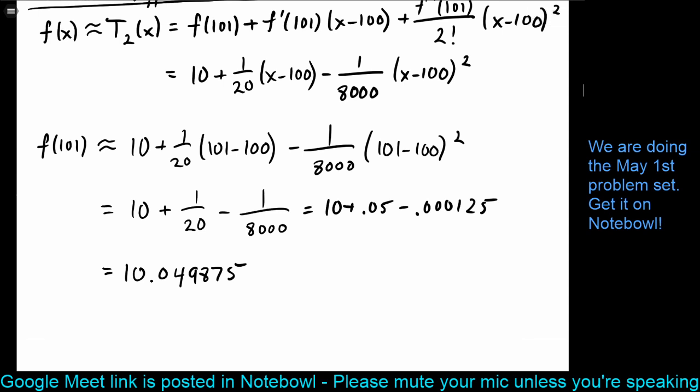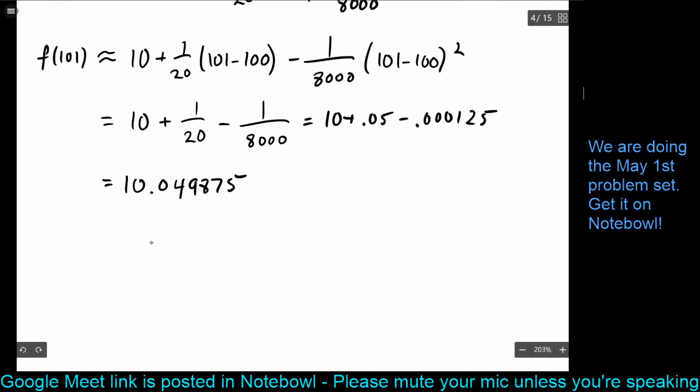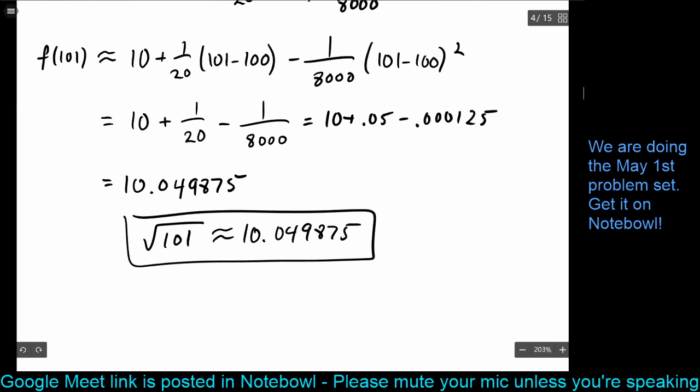There we go. So what we now find is that the square root of 101 is approximately 10.049875. That's what this quadratic approximation does.